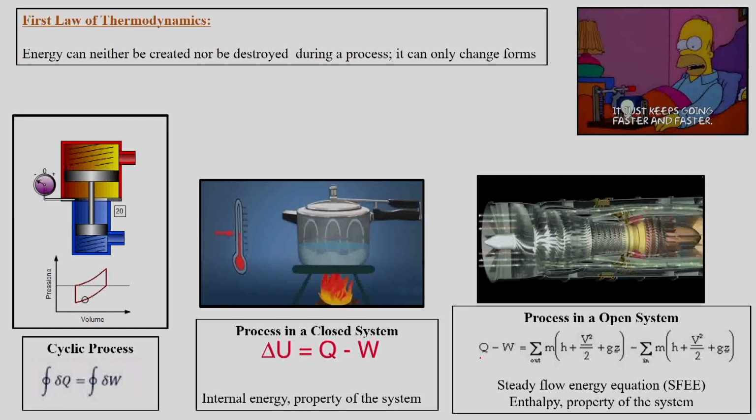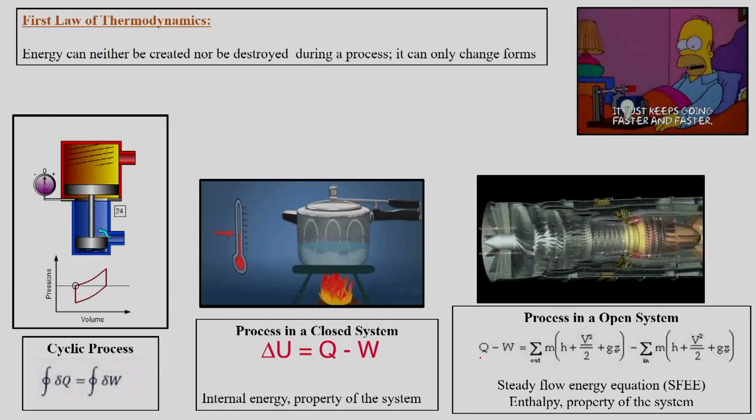So, specific enthalpy plus specific kinetic energy plus specific potential energy are multiplied by the mass flow rate through that specific inlet, and such summation for all inlets leads to the total energy content at the inlet. A similar summation would be done at the outlet, and then that can be equated to heat addition and work interaction of the system.